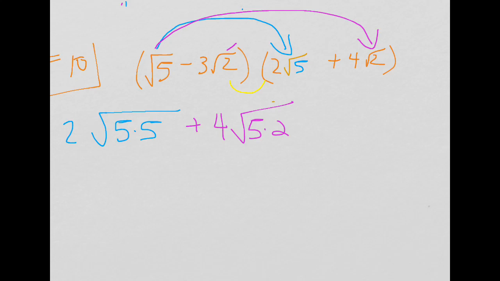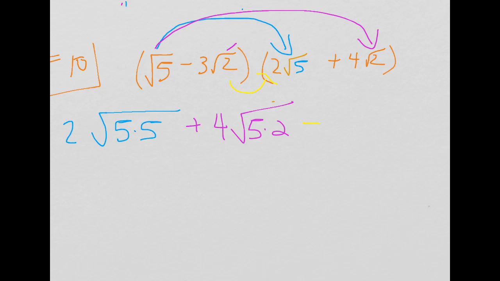Next step of FOIL, the two inside numbers. Alright, here, what's my sign going to be? Negative. A negative sign, because I have a negative times a positive. Gives me a negative here. So, they both have numbers out front.